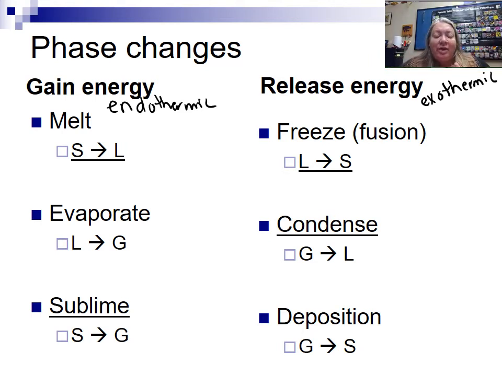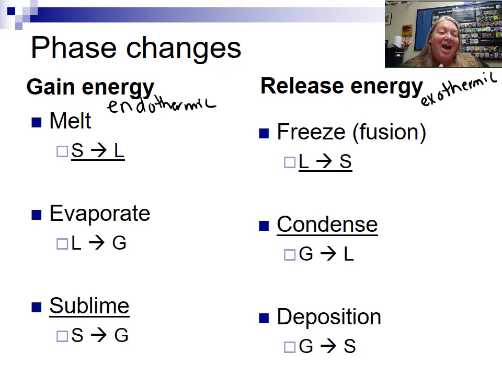Now, the next change that we want to look at is going from liquid to gas. If you go from liquid to gas, we call that evaporation. So we take that liquid, let's use water as an example, and we heat it up some more. Now if we heat it, we're adding energy. That's going to be endothermic. Evaporation is an endothermic process.